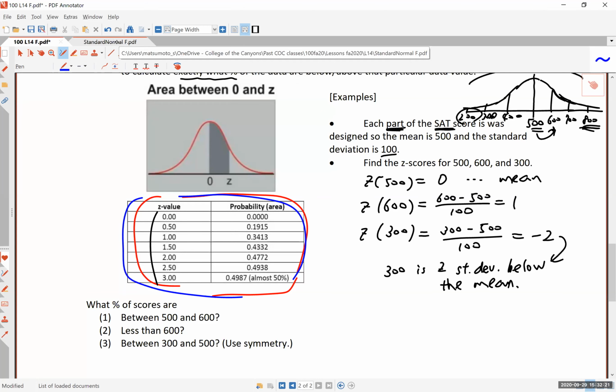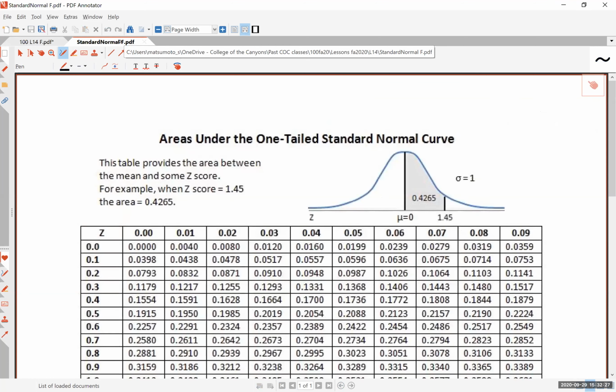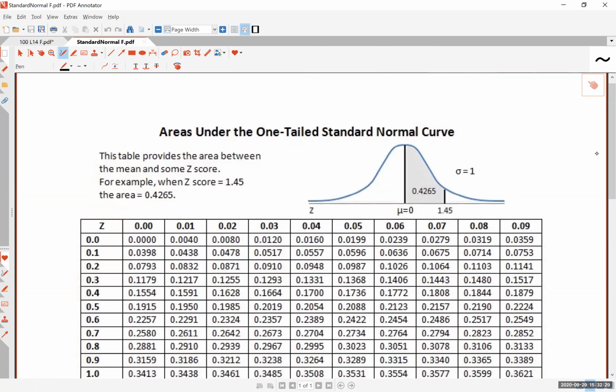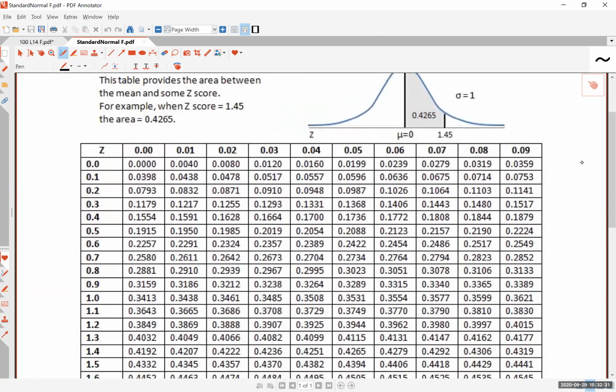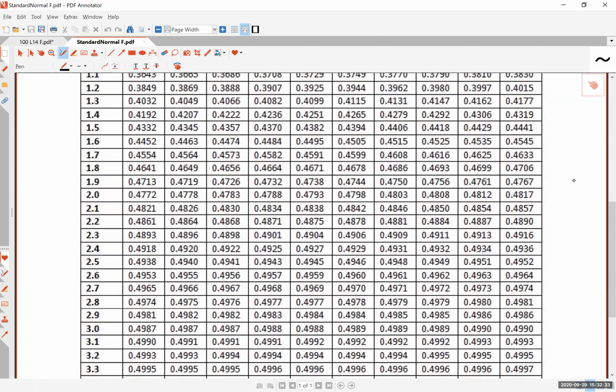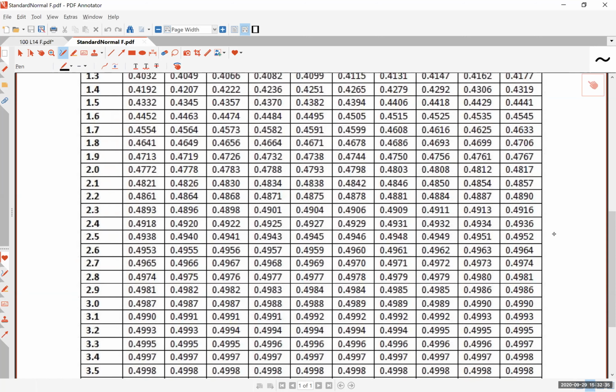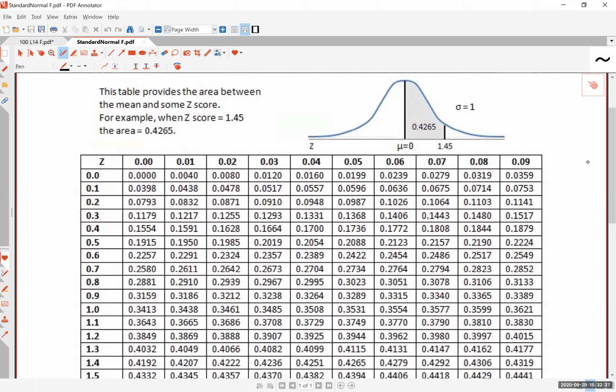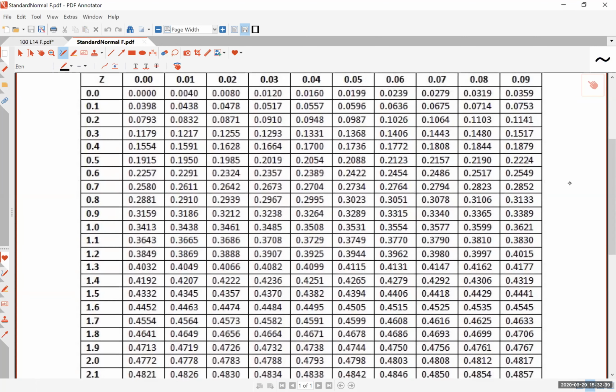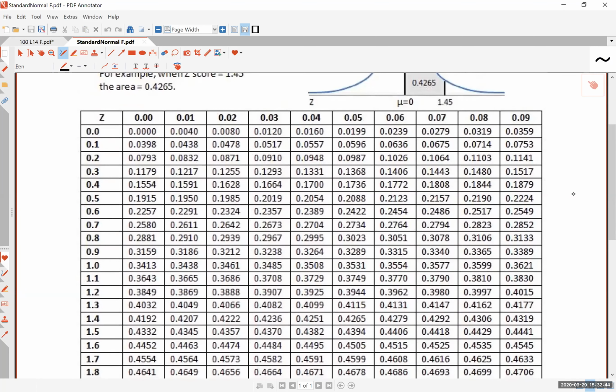I am going to provide this on our website in Canvas, but there's a more extensive standard normal distribution table. It looks like this. Every statistics book has one of these. And most recently, these things are embedded in scientific, statistical and graphing calculators.